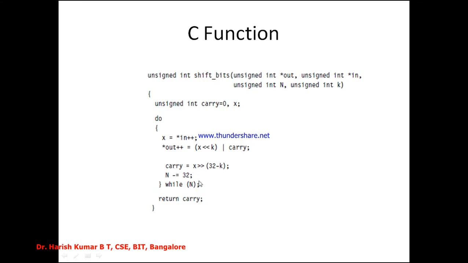This process is going to repeat until n is equal to n minus 32. Why 32? Because each word is 32 bits. If n is not 0, you keep repeating this process, and finally return the carry. Now I have the example for this.